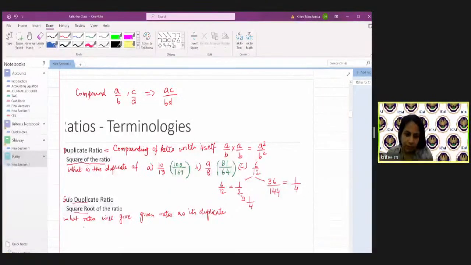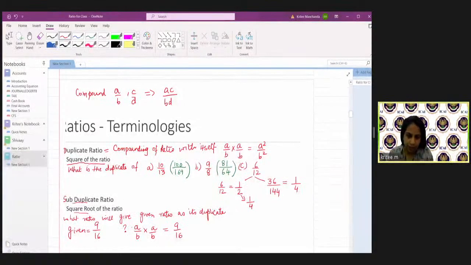What I mean to say by this is, say for example, if I have a ratio called 9 by 16, 9 is to 16 is the ratio. 9 by 16 is a given ratio. What must be A by B whose duplicate is 9 by 16?